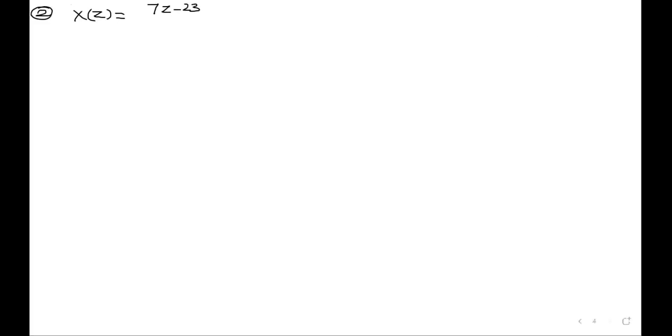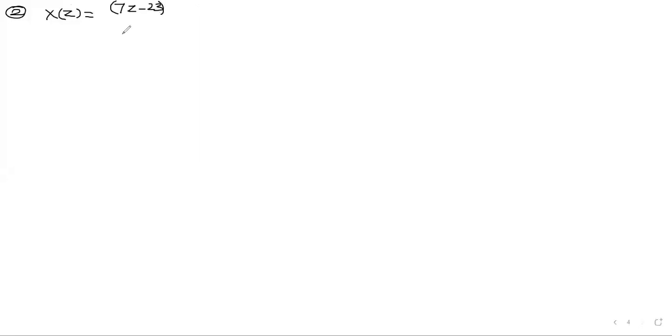Now, second question, X of z is equal to 7z minus 23 divided by z minus 3 into z minus 4.